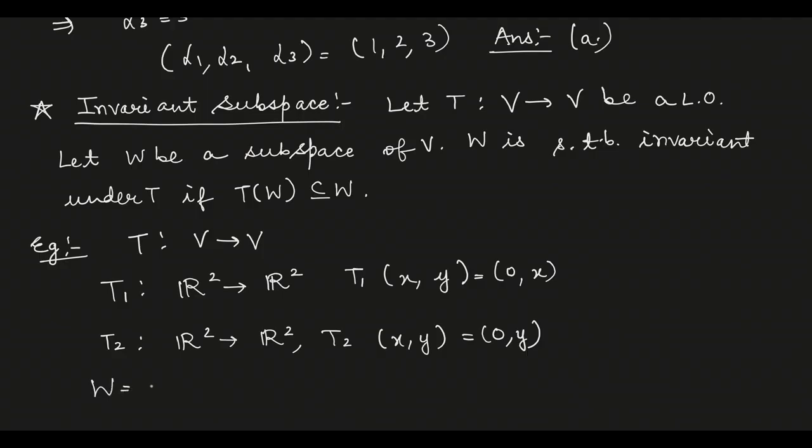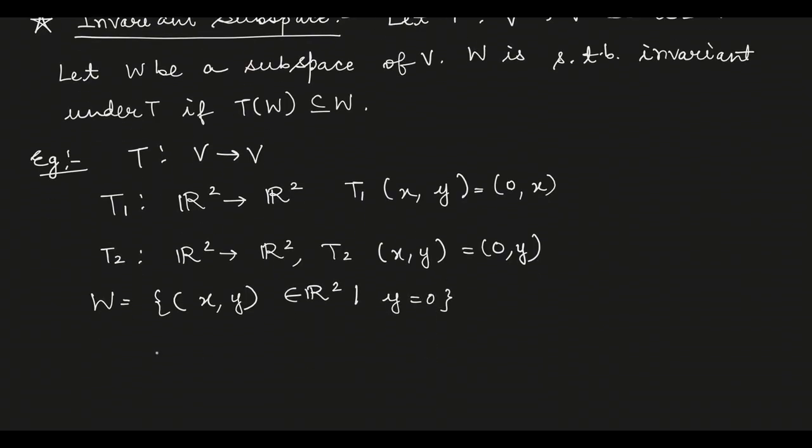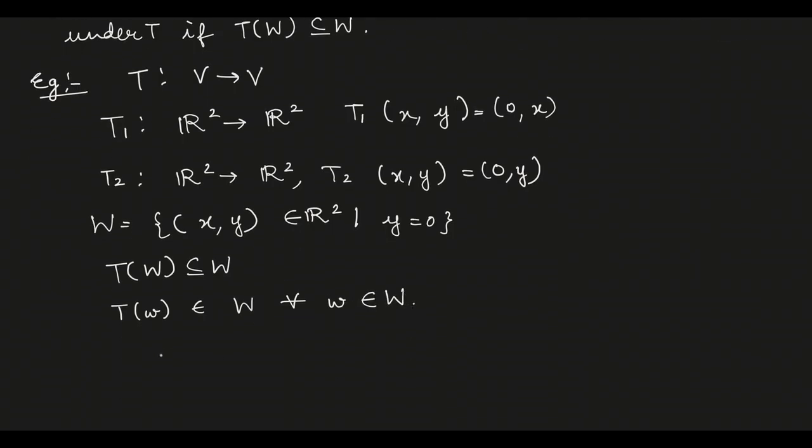And subspace is given as W. So I need to check invariant subspace means TW should be contained in W, or I can show that TW belongs to this subspace for all w belonging to the subspace. So any element of this subspace is of the type w = (x, 0).